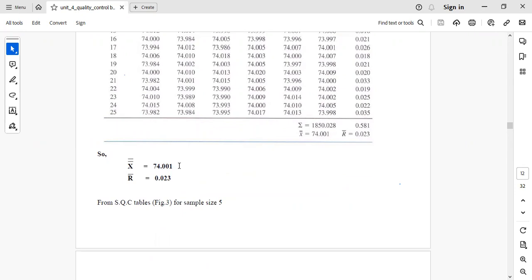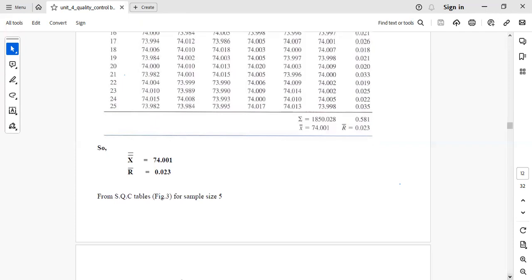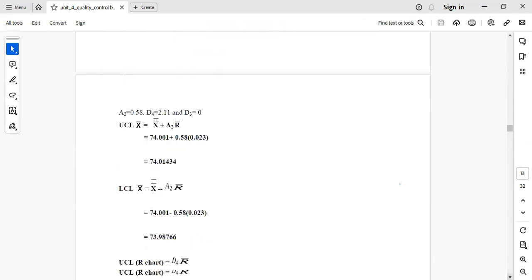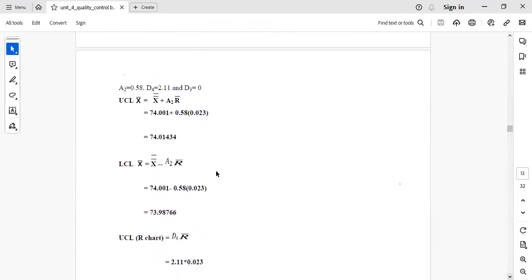Okay. So now, once you have those two values, that is the mean of the means, in this case 74.001, and the R bar, that is the mean of the ranges, 0.023, then now you can easily apply the formulas for the control limits. And I said that in most cases, instead of providing the tables, we just give you the values for the constants, the A2, the D4, and the D3.